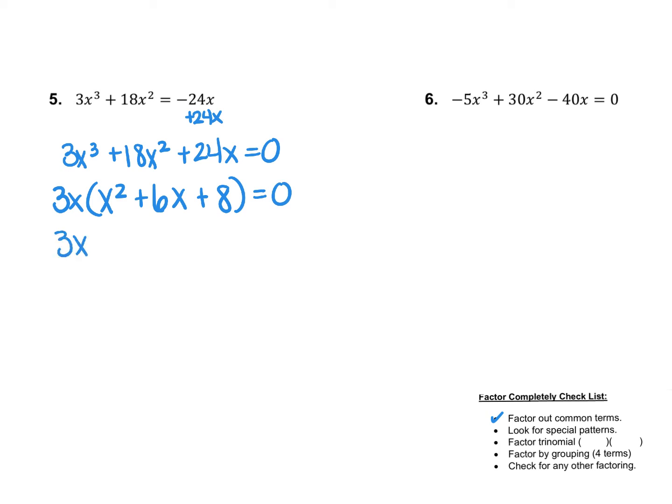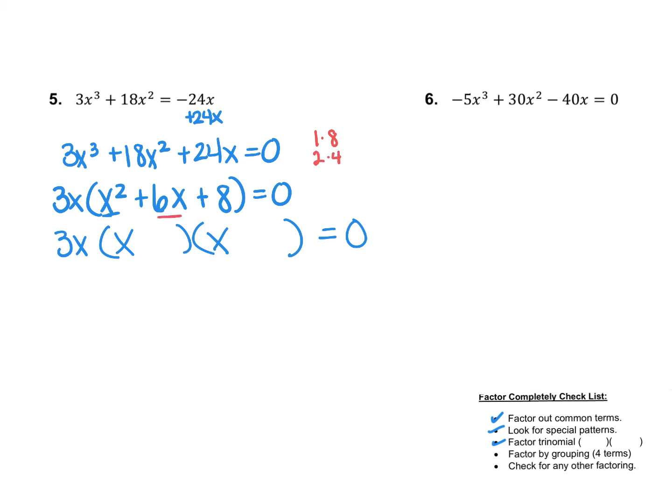So 3x, now look for any special patterns. I don't see any there, but I do have a trinomial here. So let's go ahead and make that into 2 sets of parentheses. This x squared is made with an x and an x. Then I have to look at my factors of 8. I've got 1 times 8, and I have 2 times 4.